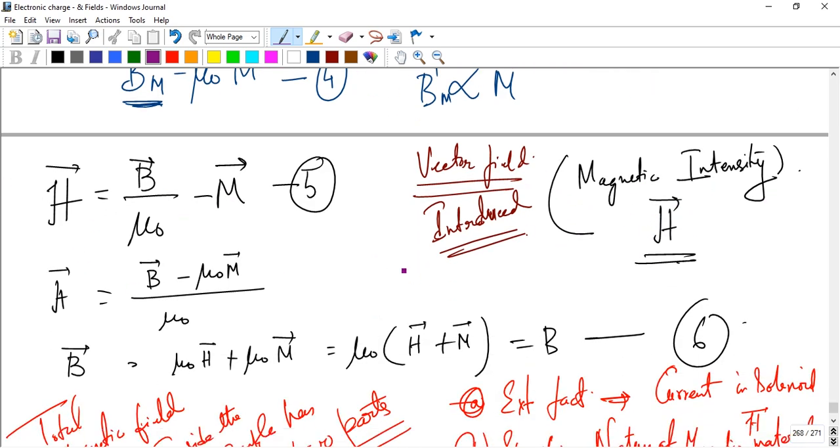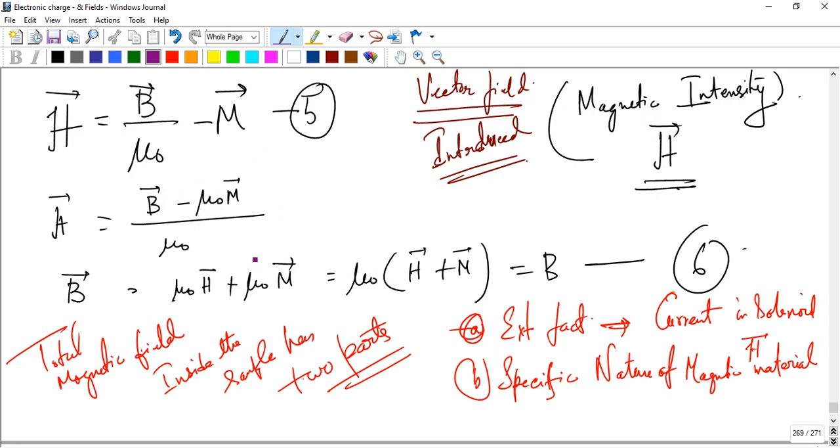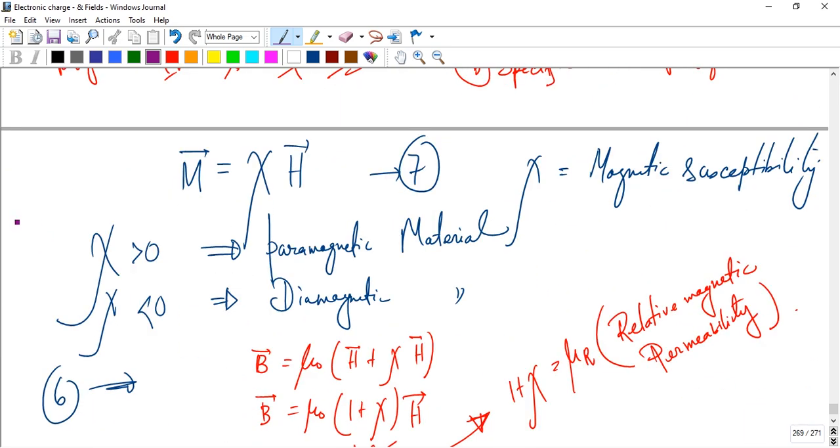Solving these two with some mathematical or algebraic steps, we get two very important factors. The total magnetic field of the sample has two main parts: the external factor, that is the current in the solenoid, and the specific nature of the material, which is very important. There is the specific nature of the magnetic material we discuss here, and there is M, that is chi, the magnetic susceptibility.